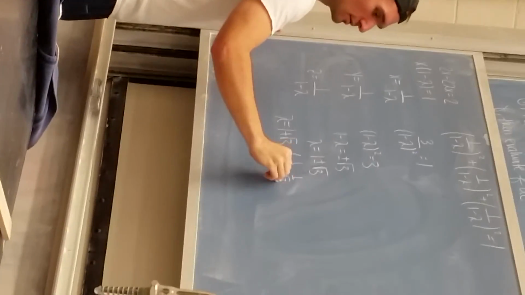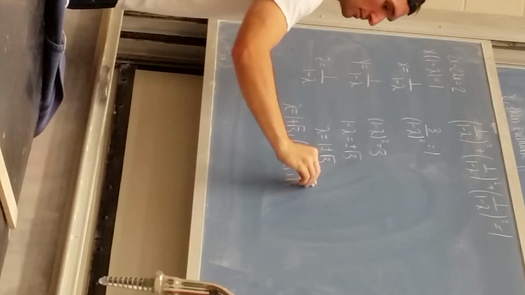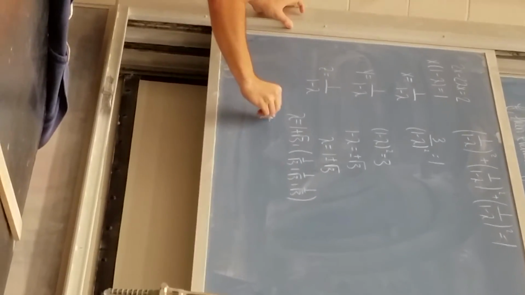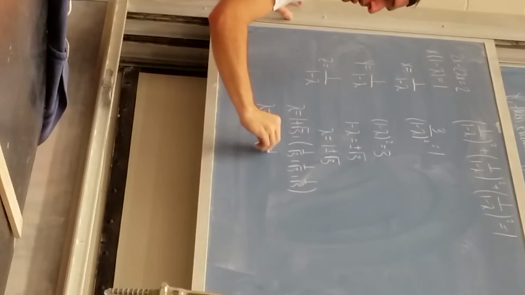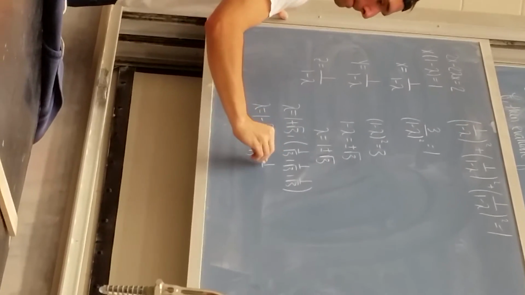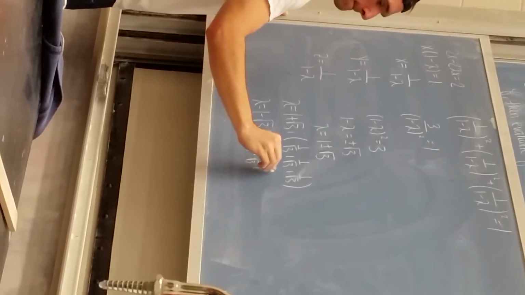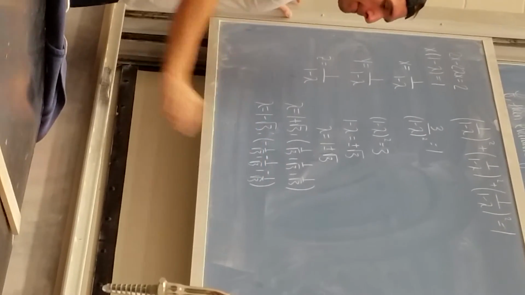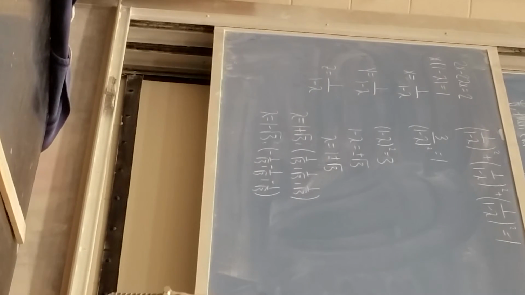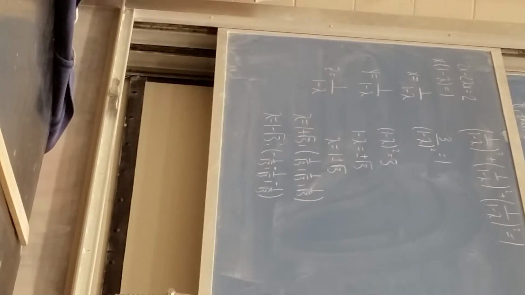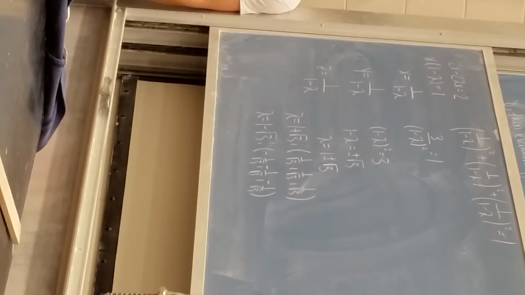Common 1 over root 3. And then lambda is equal to 1 minus root 3, which gives the negative. So which one corresponds to the max and which one corresponds to the minimum?